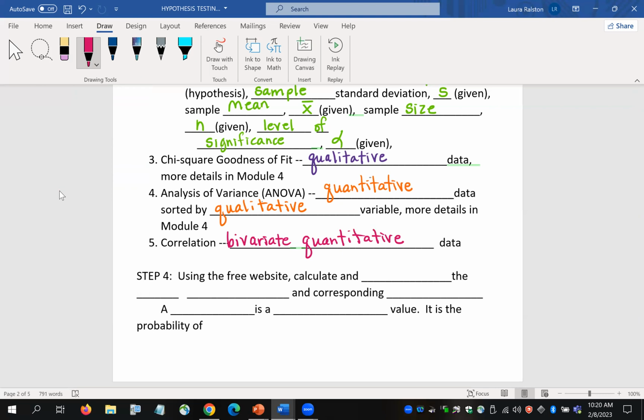We finally dip our toe into having more than one variable at a time. Bivariate means two. So we'll be looking at two variables at the same time, and both variables will be quantitative numbers. And again, that is our focus in Module 4, and we'll talk more about it in detail.